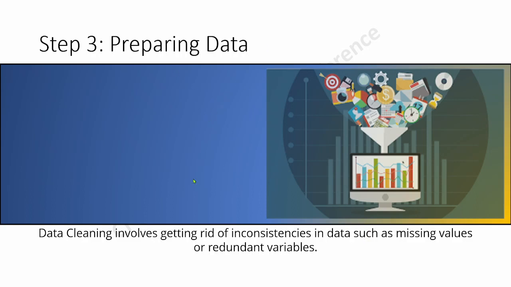Now, data pre-processing does not mean a predefined set of activities. Different types of data will require different steps, and also based on the objective, the steps of data elaboration can change.